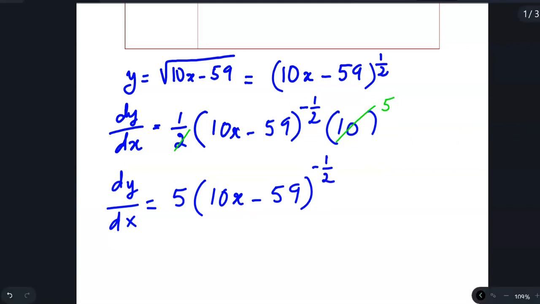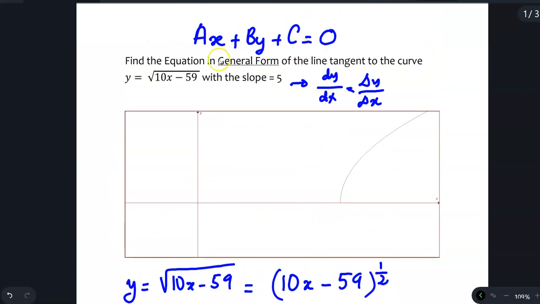Alright, and the question is actually giving me the key that the slope is equal to 5. And according to the definition, the slope of the line tangent to the curve is actually the derivative of this function. So that means dy over dx. And dy over dx is given to me as the slope equal to 5.